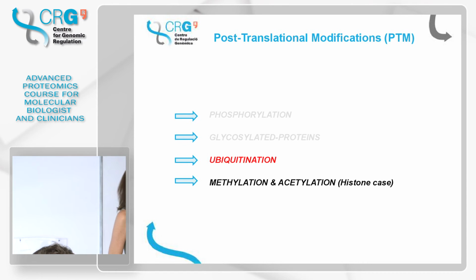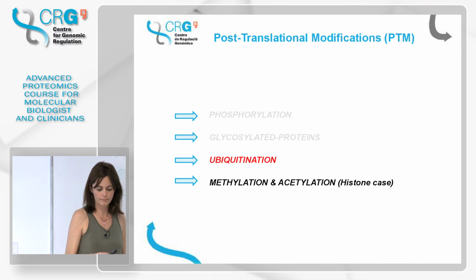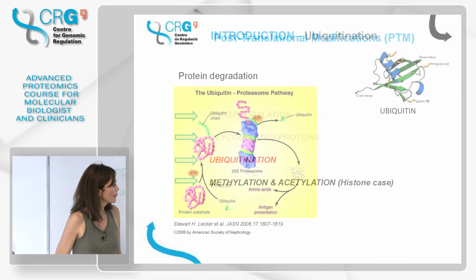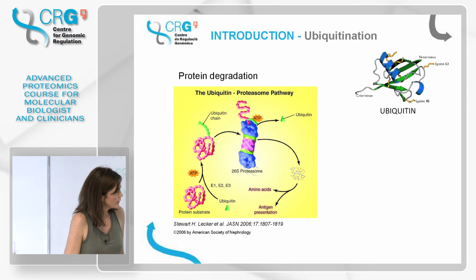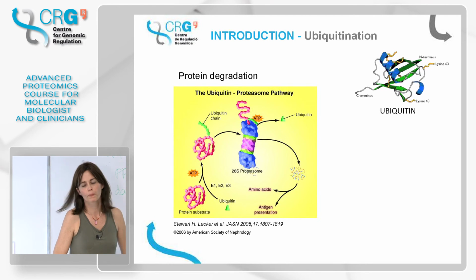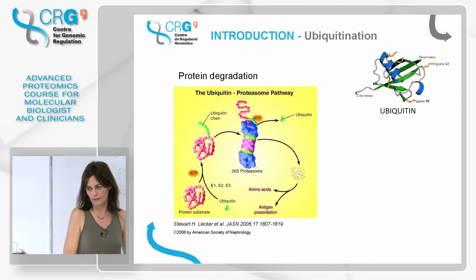Now we are going to go to ubiquitination. Okay, ubiquitin is this protein here. It has seven lysines in the sequence. And as you all know, it plays a very important role in protein degradation.